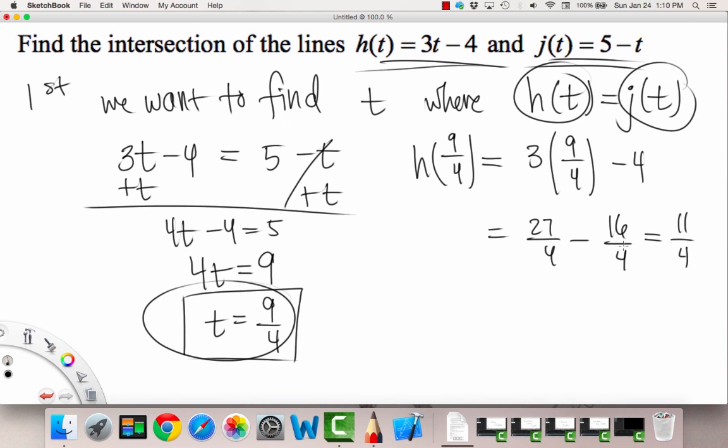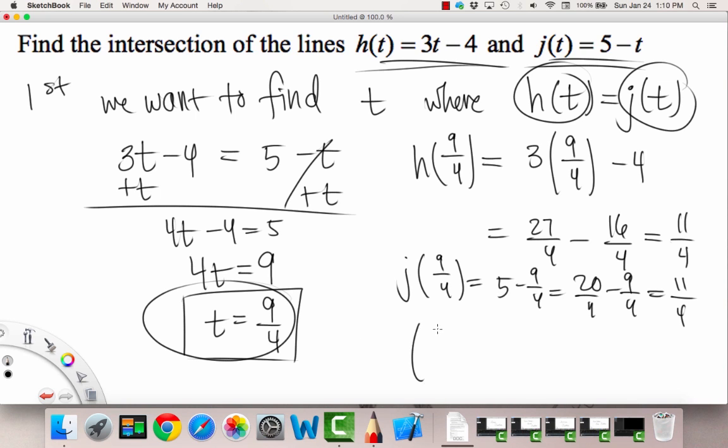And let me show you, j of 9 over 4, if we plug it in there, we get 5 minus 9 over 4, which is 20 over 4 minus 9 over 4, which also equals 11 over 4. So this is the intersection, and we would write the intersection point as t, comma, the function value. So 9 over 4, comma, 11 over 4. Alrighty, and that's the intersection between these two lines.